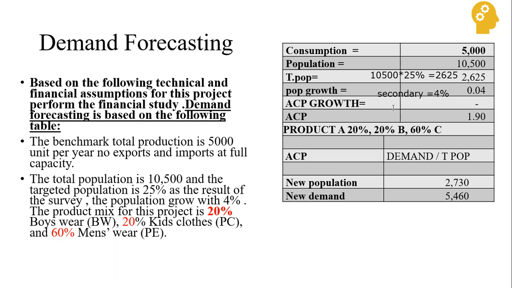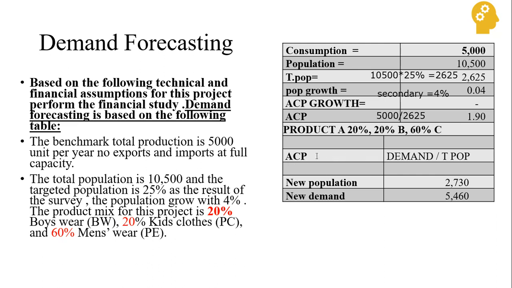The ACP is the consumption that I have over the 2,625. So I will take the 5,000 divided by the 2,625. Approximately each of the persons in this place is going to consume around 1.9, so we will assume it will be 2.